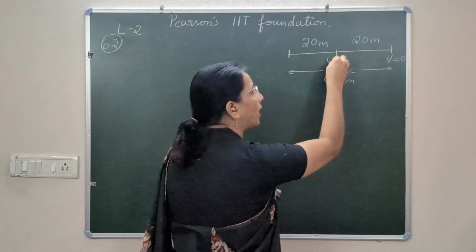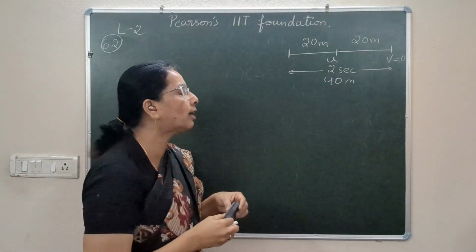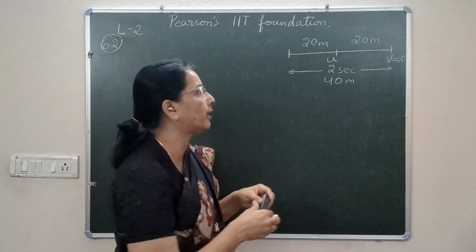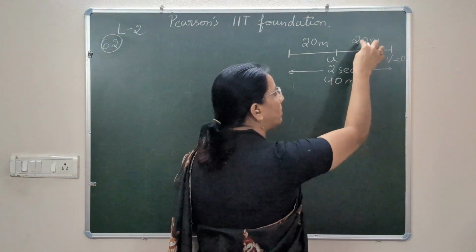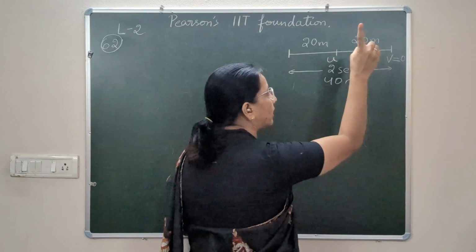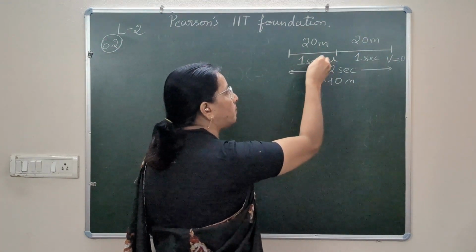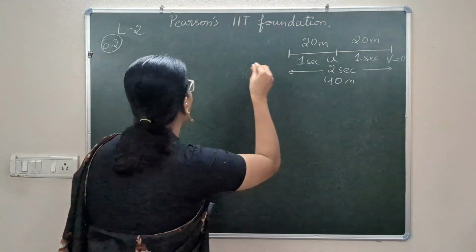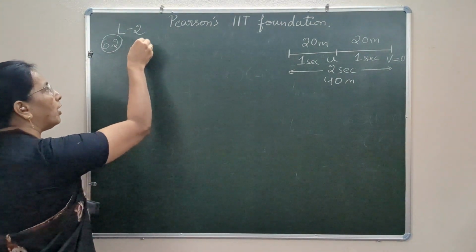So this 20 meters, the body travels in just 1 second, and this is the previous second's distance.